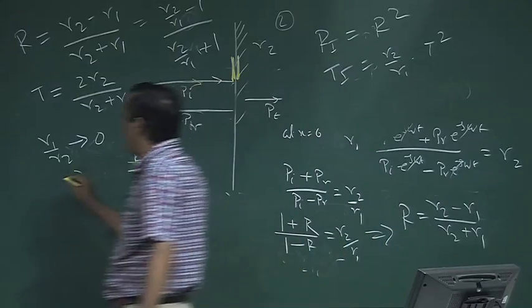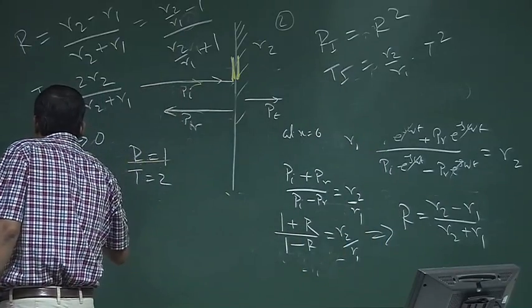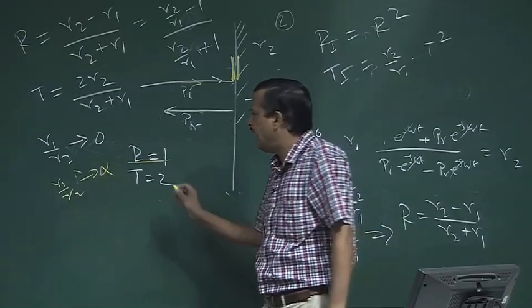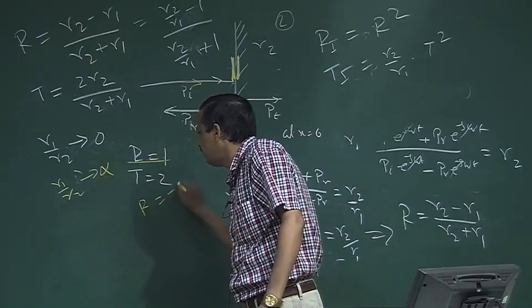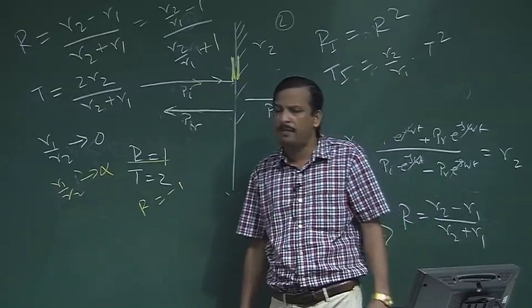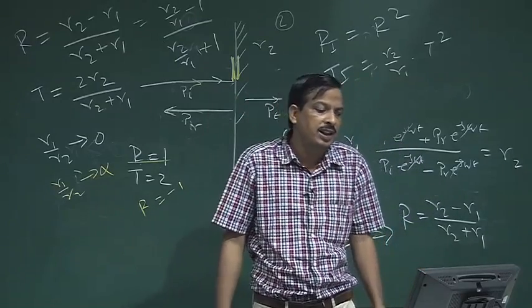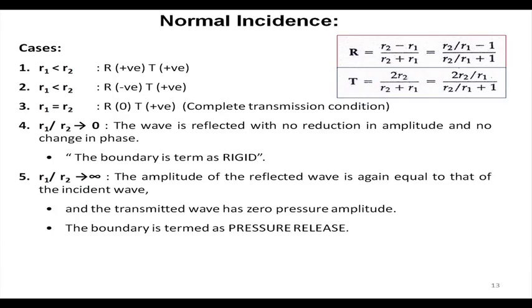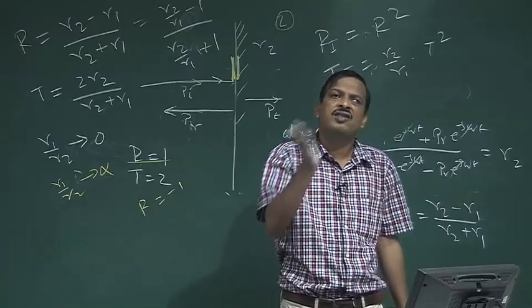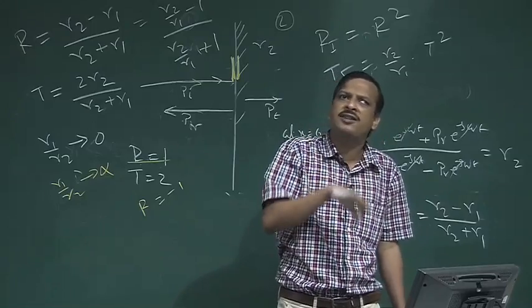Now, if R1 by R2 tends to infinity, then what will happen? Then R will be minus 1. So what is the meaning of the minus 1? The meaning of the minus 1 is that the amplitude is the same, but the phase is shifted by 180 degrees.